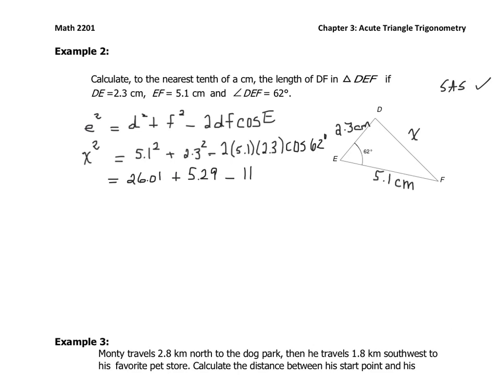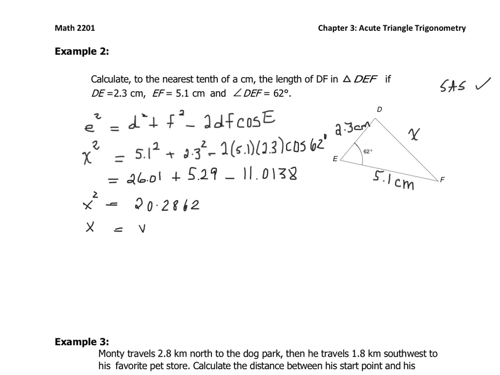That is 11.0138. So that would be 26.01 plus 5.29 minus 11.0138. And that gives you 20.2862. So x squared equals that.